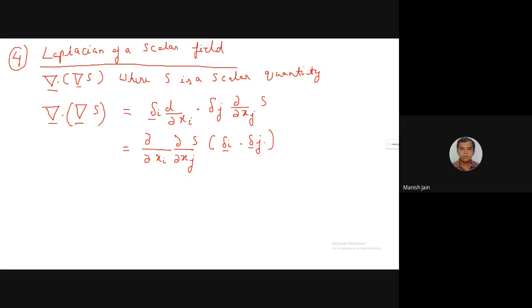When you take the dot product, you will get the Kronecker delta δ_ij. This will be 1 when i equals j, so you have to replace i with j.